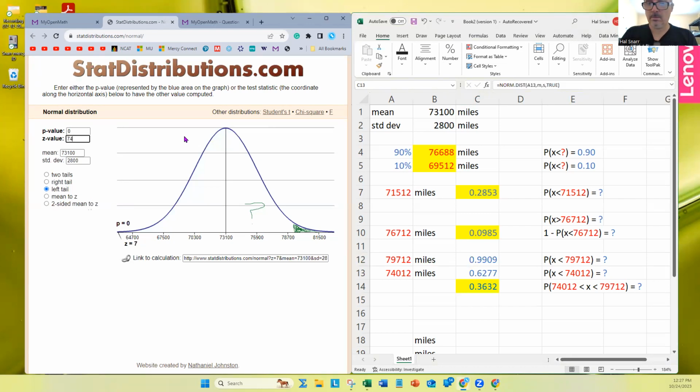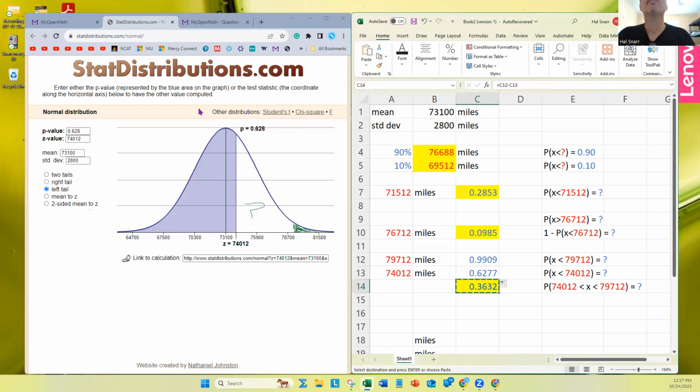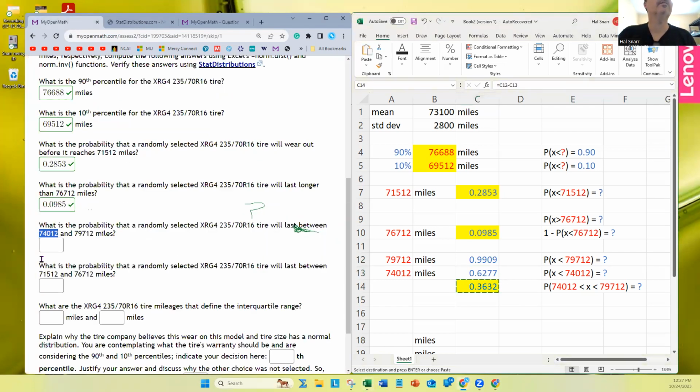To 3 decimal places, it is the same thing. So again, the white area here is 0.3632. I copy that into here.